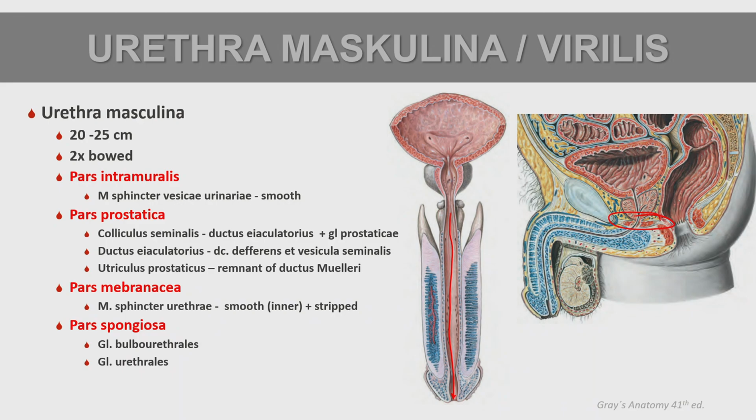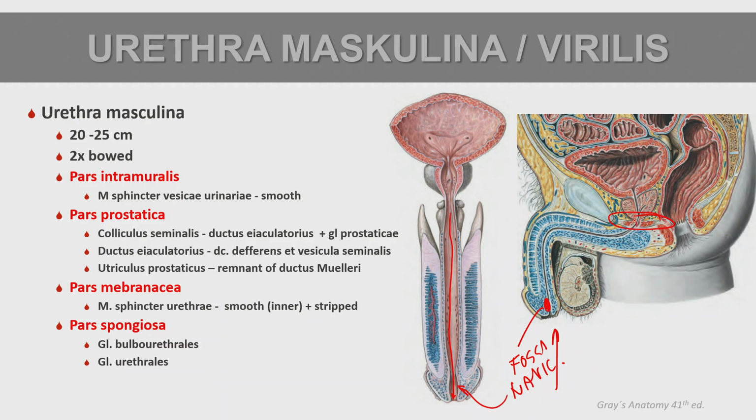For us, it's very important that we have some danger points where, when you insert a urinary tube to catheterize the urinary bladder, a very common medical procedure to control the outflow of urine, there is here the so-called fossa navicularis, navicular fossa.